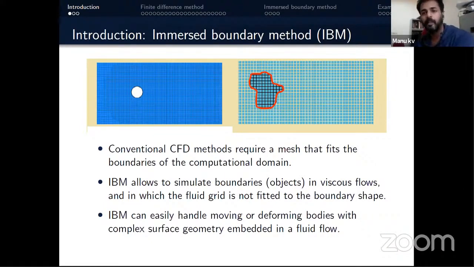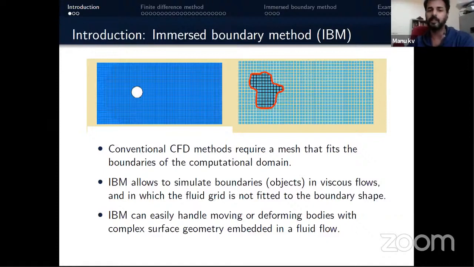Another advantage is that we can move the object quite easily. Suppose we are doing a moving object problem, or vortex induced vibration, or we want to study fluid structure interaction. This kind of method is extremely useful for solving such problems.